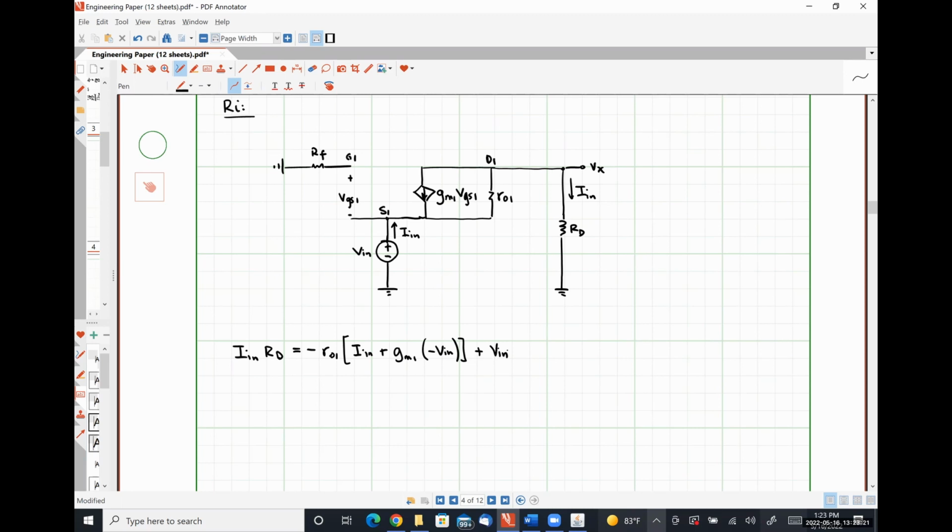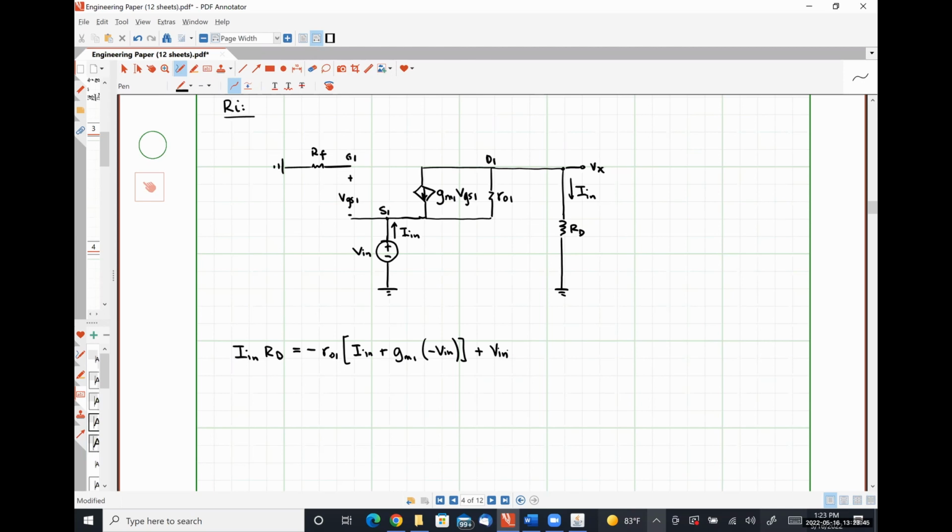Is my KVL equation okay? Anybody see anything that's looking wonky or weird to them? One of the reasons that I'm asking is because I didn't quite have time to finish this part of the problem when I was working on it earlier. So I want to make sure I'm not making a mistake. All right, so from here, it's just algebra fun times, right?